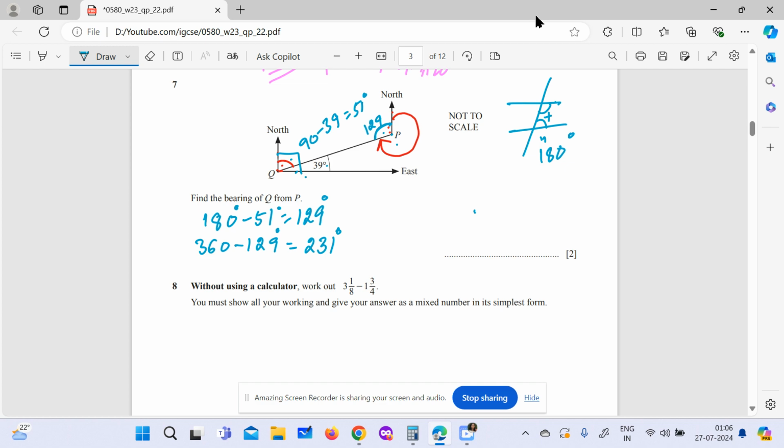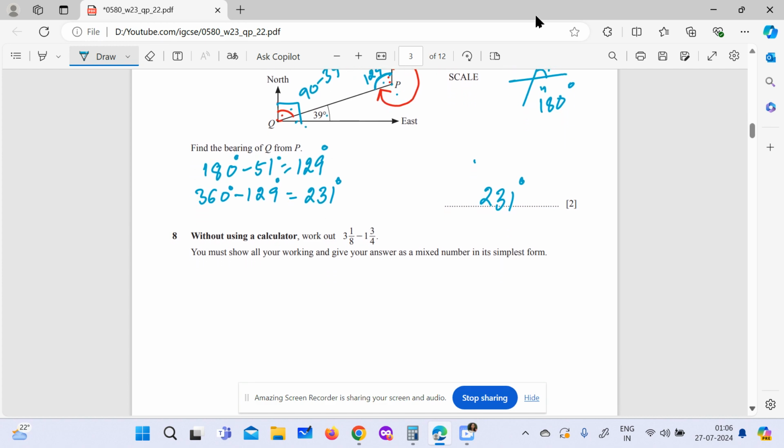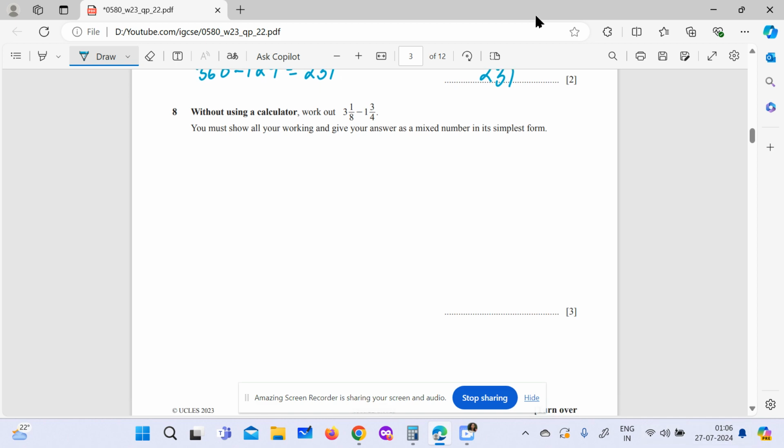Okay, so we can say that the bearing of Q from P is 231 degrees. So these are the small points. To solve this kind of question, you must know the angles between parallel lines. You must be good at co-interior angles, alternate angles, corresponding angles. That will help you to work on it.